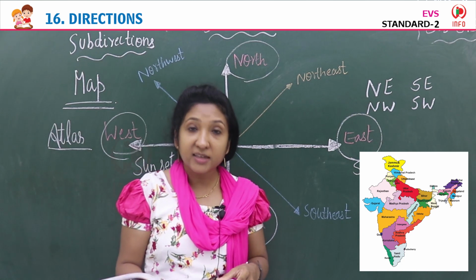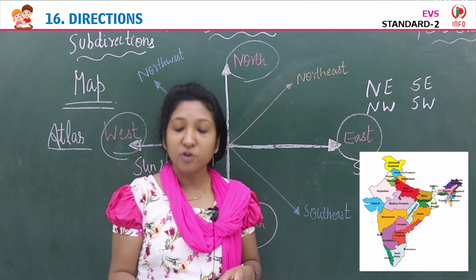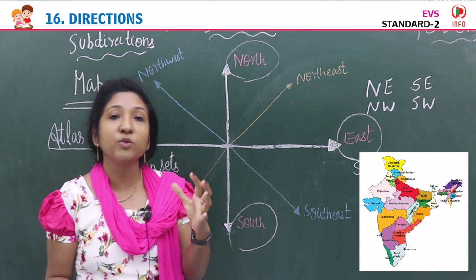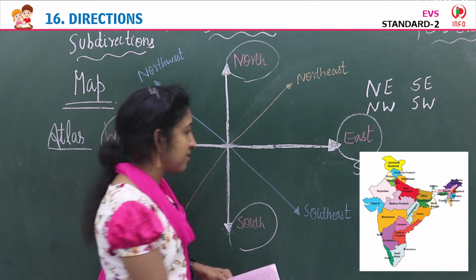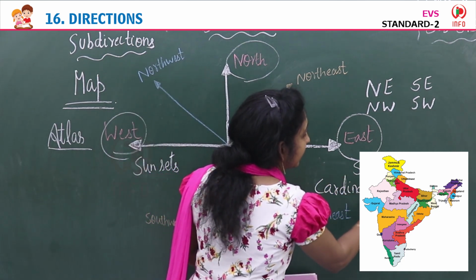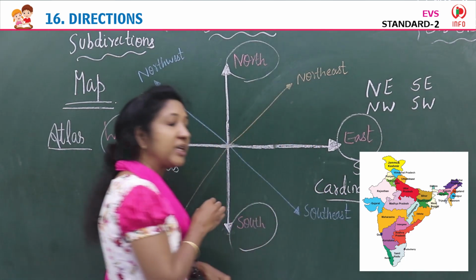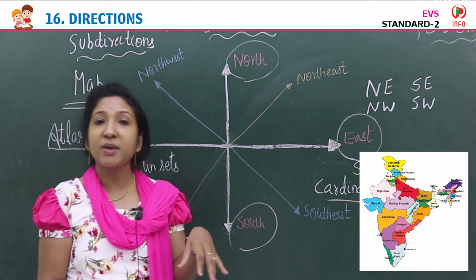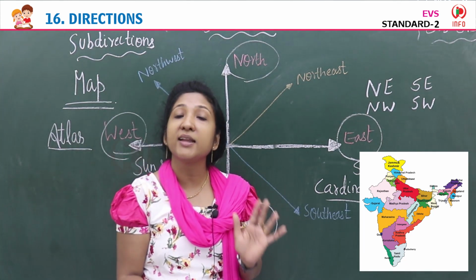The 4 cardinal directions or cardinal points are the directions of north, south, east and west. These north, south, east and west are called the 4 main directions or the cardinal directions. We also use this word cardinal points or cardinal directions. Cardinal directions means north, south, east and west. These are cardinal directions or cardinal points.